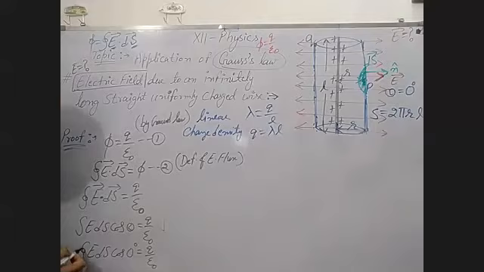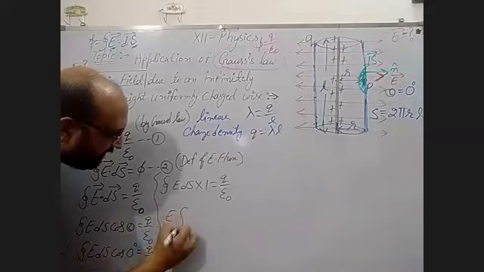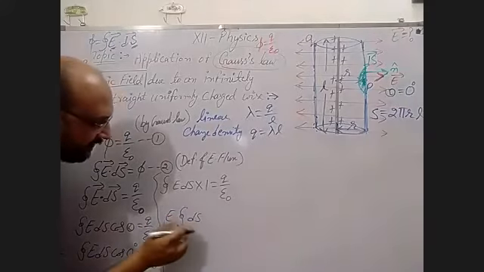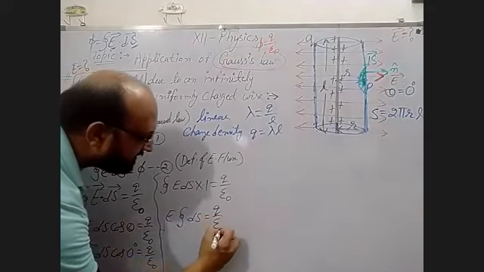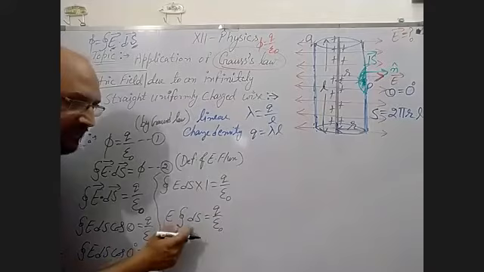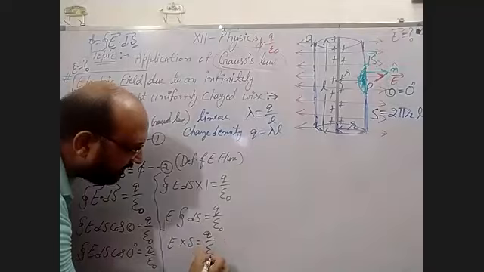Now again solving this, E comes out of the integration, and ds remains inside the integration, equal to Q by epsilon. Now what is the integration of ds? S. So E times S equals Q by epsilon.